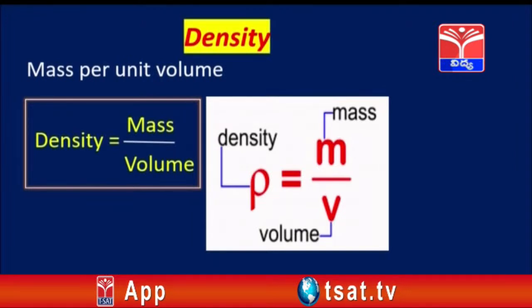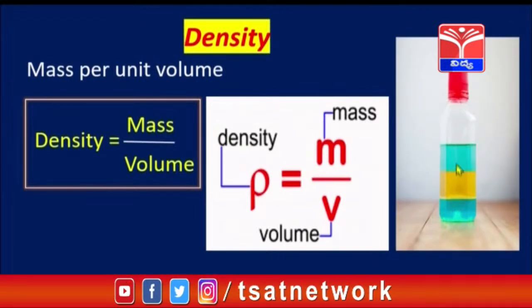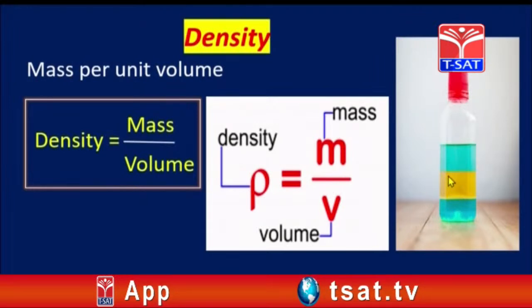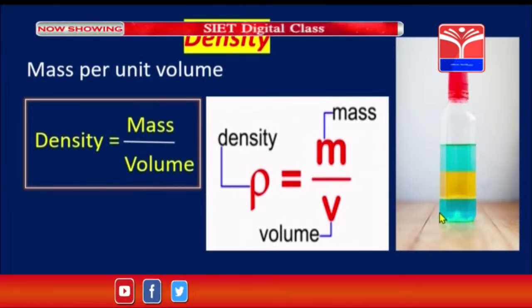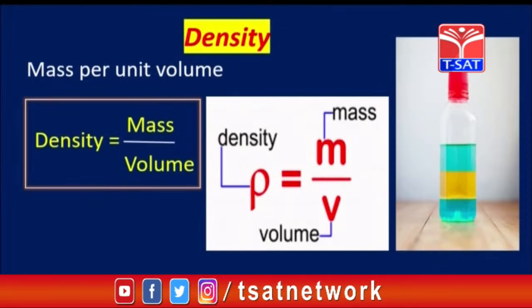Then what is the significance of the previous activity? You can see, children, here we have three different kinds of liquids. This liquid is on the bottom, this liquid is in the middle and this is on the top of the two liquids. So what is the reason? Yes, the three different liquids are going to have different densities. So density is the reason for all three liquids to occupy different positions.